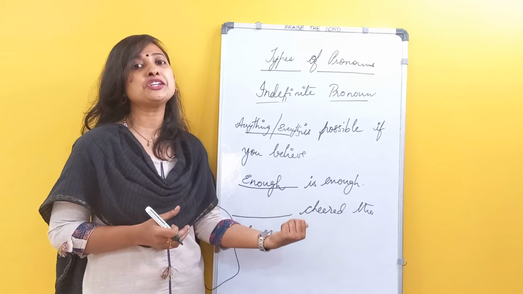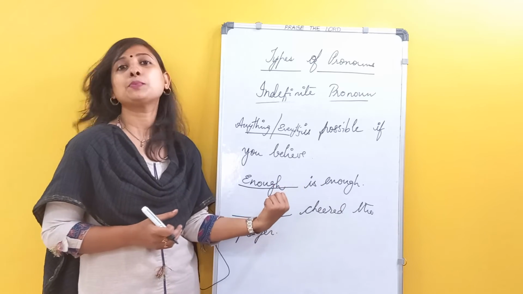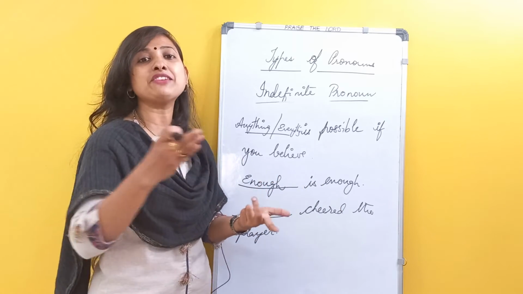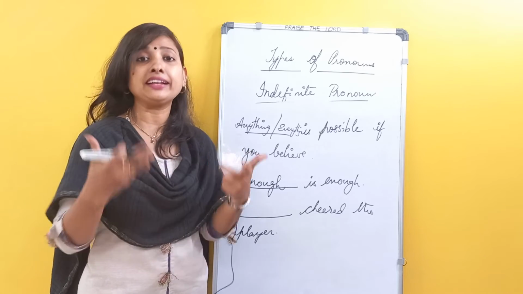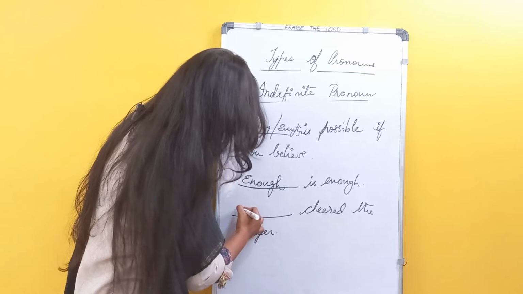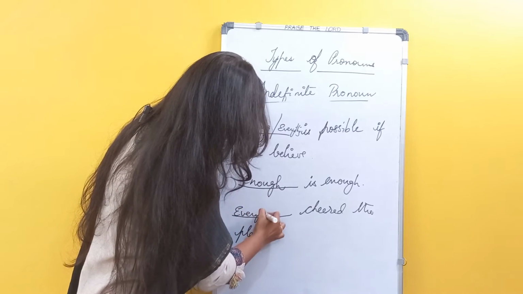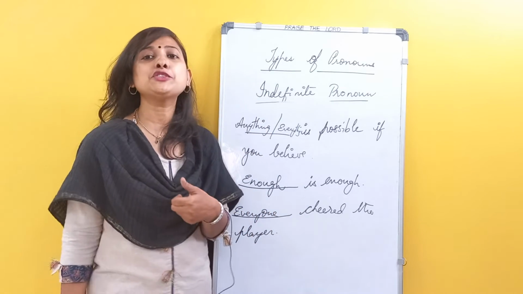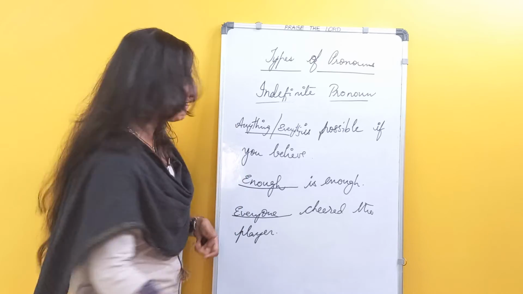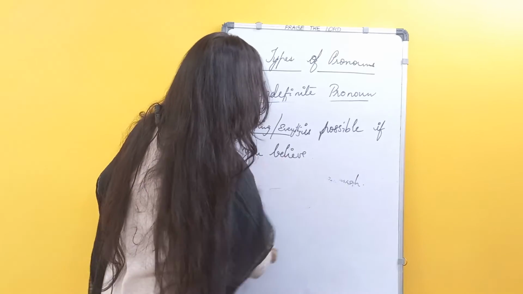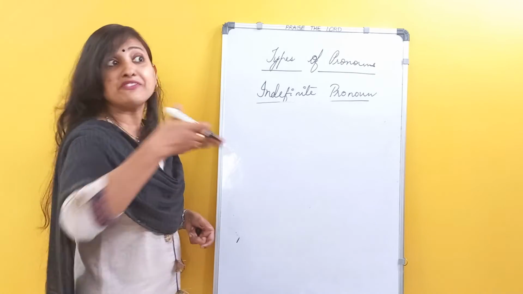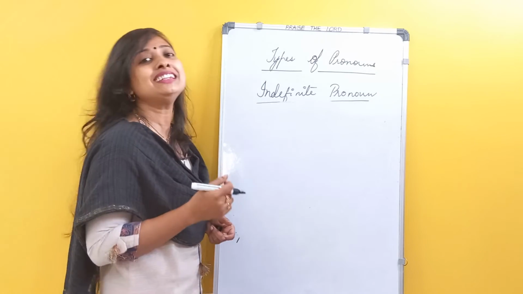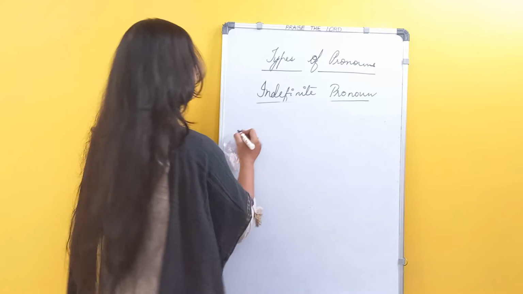Someone is playing and everyone cheer the player. Each and everyone who is there is clapping for the player, they are cheering him up. Right? So, everyone cheered the player. And finally, this everyone knows. So again I have used an indefinite pronoun.